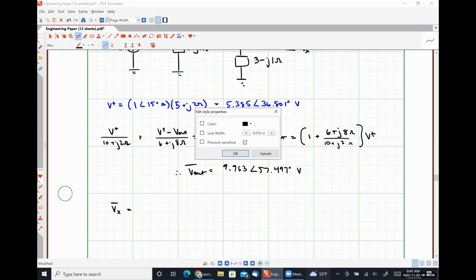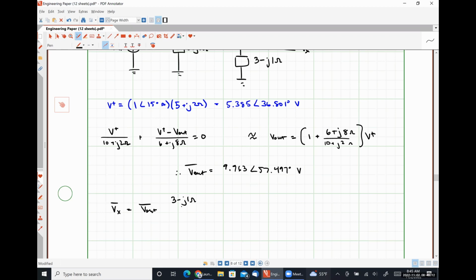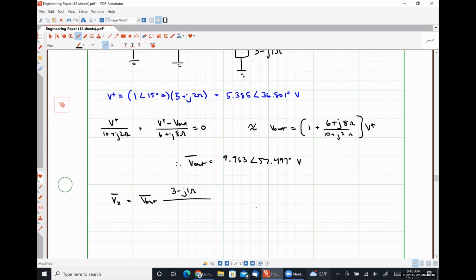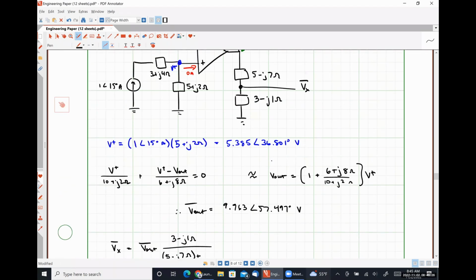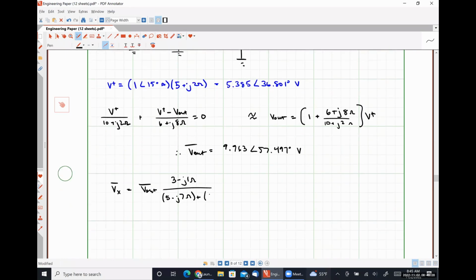V out times 3 minus J1 over 5 minus J7 plus 3 minus J1.